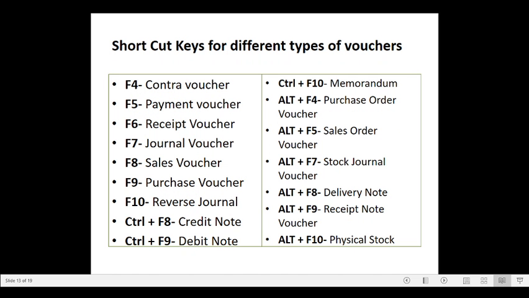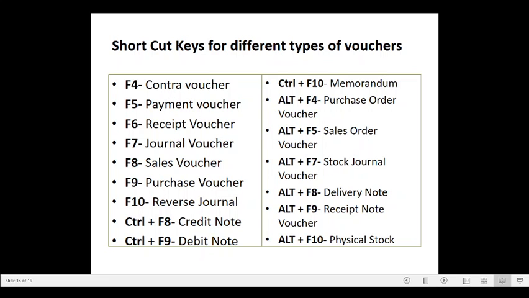Now let's move on to shortcut keys for different types of vouchers. For contra voucher, F4 is used, function key F5 for payment, F6 for receipt, F7 for journal, F8 for sales voucher, F9 for purchase voucher, F10 for reversal journal.